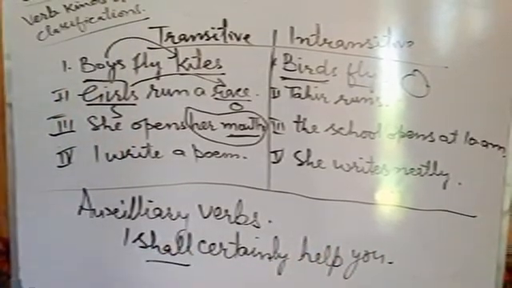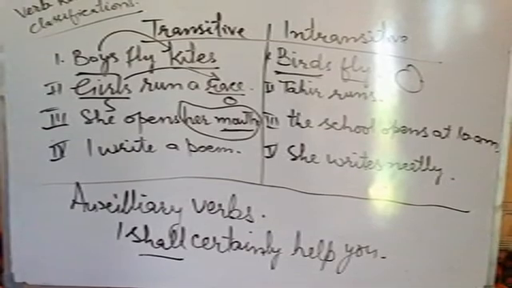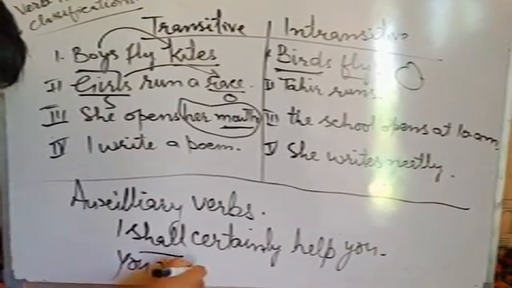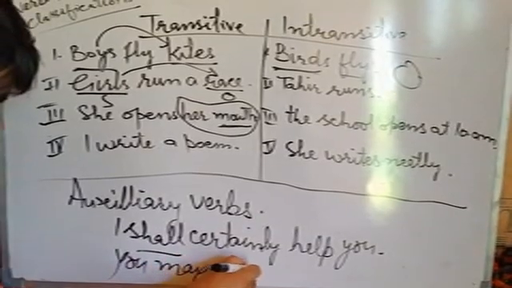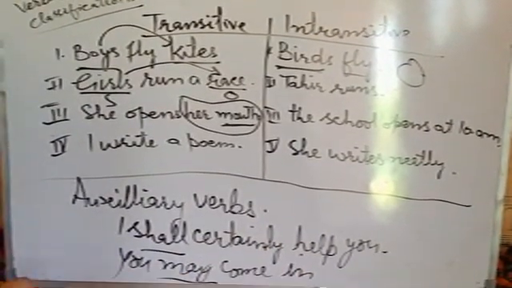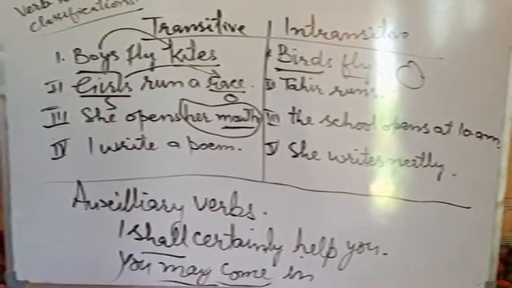Shall here is an auxiliary verb. You may come in. May here is an auxiliary verb. Come here is the main verb.